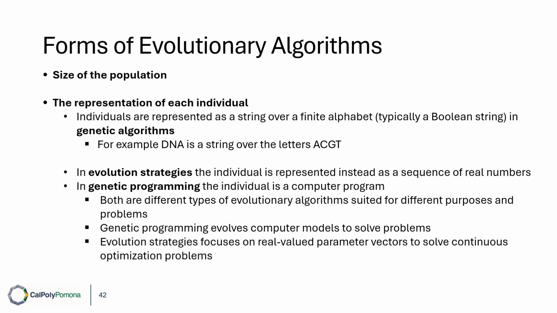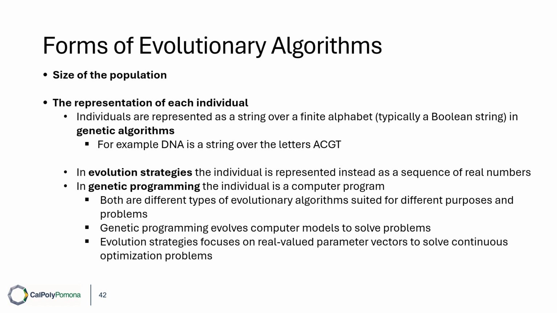Now, there are several forms of evolutionary algorithms, differing in the size of the population and the representation of each individual. Individuals are represented as a string over a finite alphabet, which is typically a Boolean string in genetic algorithms. For example, DNA is a string over a finite alphabet. It iterates only over the given letters A, C, G, T. In evolution strategies, the individual is represented as a sequence of real numbers.